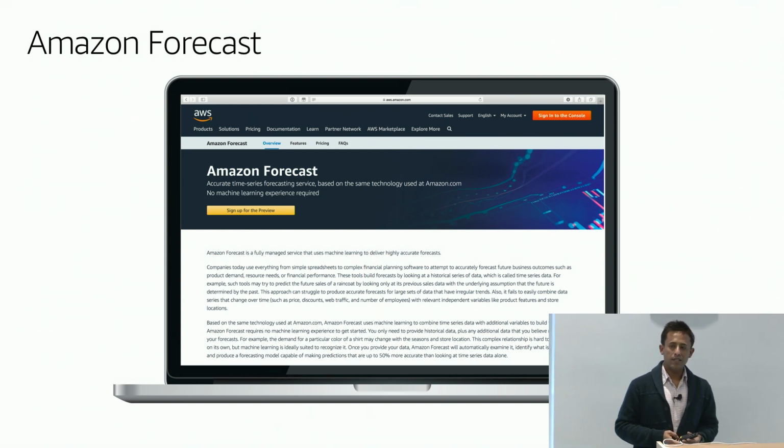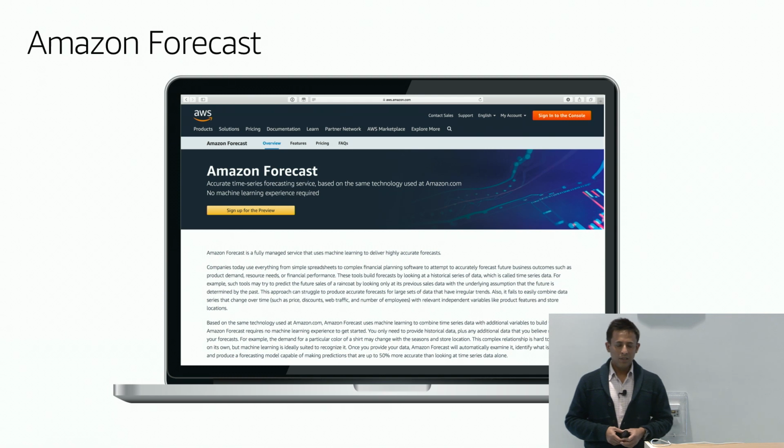Now, if you look at the scientific papers for forecast, you will see more than 10 different statistical methods that you can use for forecasting. And all of these statistical methods require you to understand the math behind it, which is not an easy math. So what do we do for that?